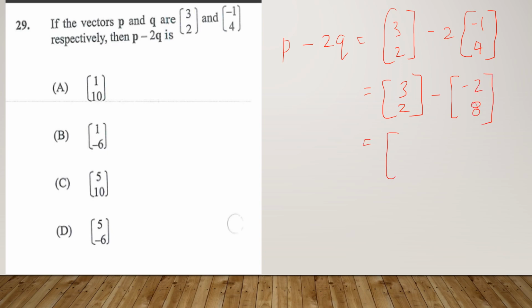So that is 3 minus -2 and 2 minus 8, which is, these two negatives will be a plus sign. So that will be 5. And we're going to take 8 from 2, that's a -6. So the answer is 5, -6, that is D.